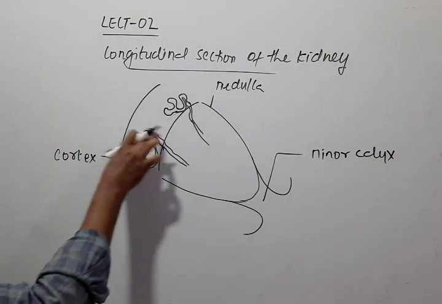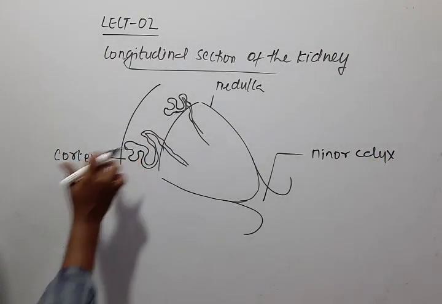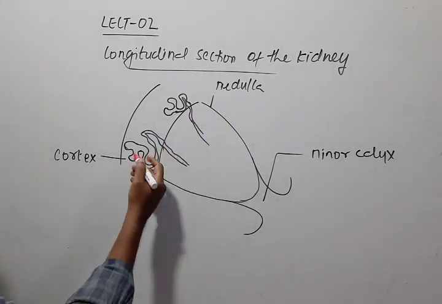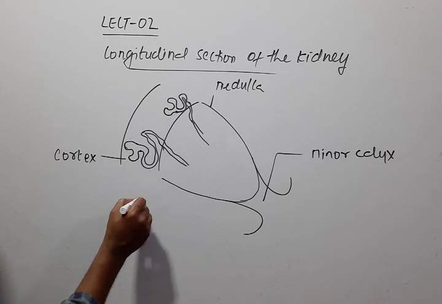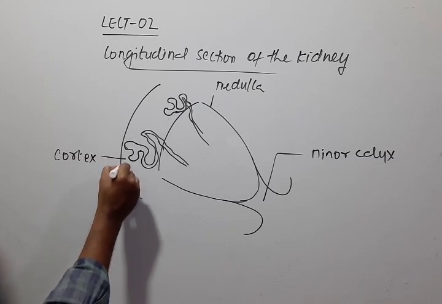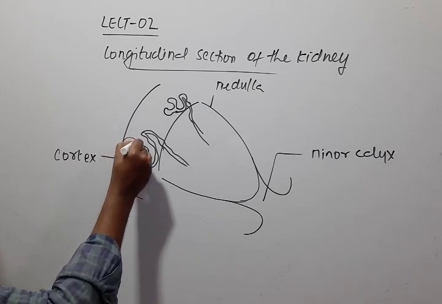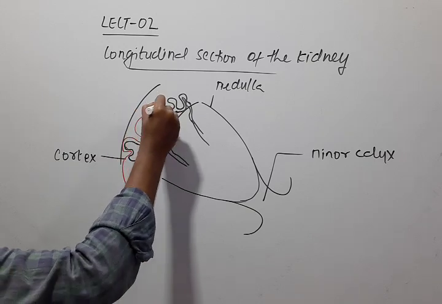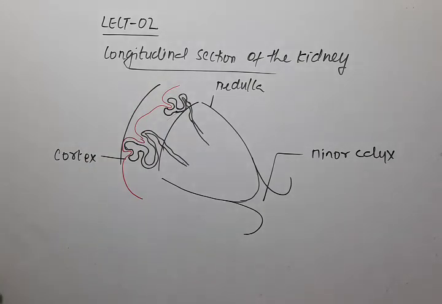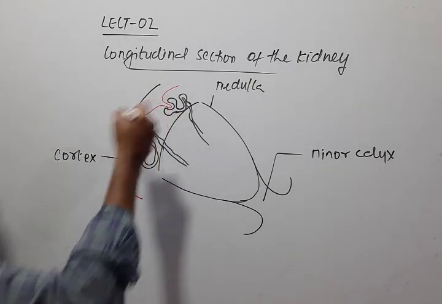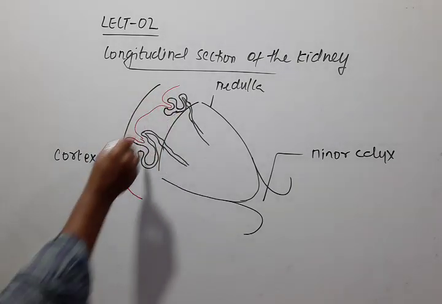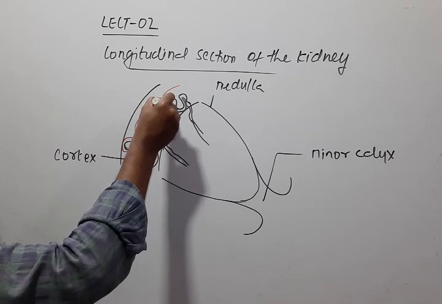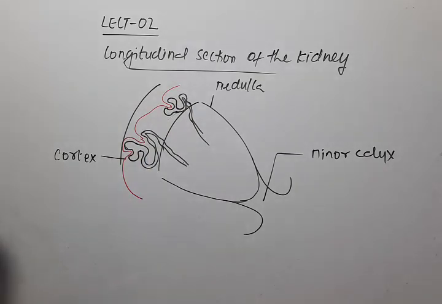Okay, so here this is the Bowman's cup, and we see here the artery which enters into the kidney will divide to form arterioles, and they enter into here, okay, and then again they form, okay, in this way. Of course here I have just simply drawn it. Actually it forms a network of capillaries in the Bowman's cup, which we call glomerulus.